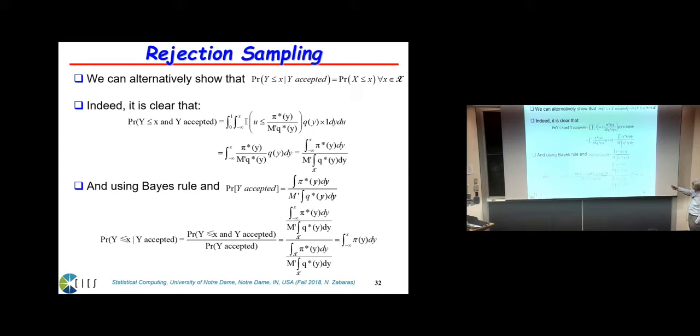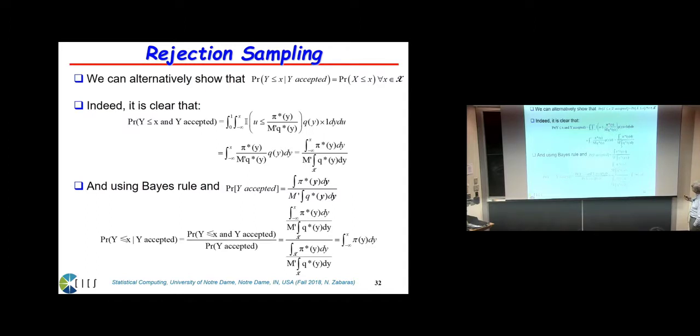So I'm again using the divide and conquer, if you like, rules of probability. So y comes from q of y times 1. 1 corresponds to where? Look at that equation and tell me what is that one that I put explicitly. You notice here, I put this indicator function. It says indicator of u less or equal to this, which is the acceptance probability, right?